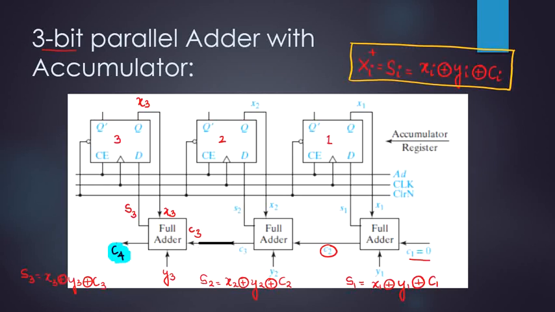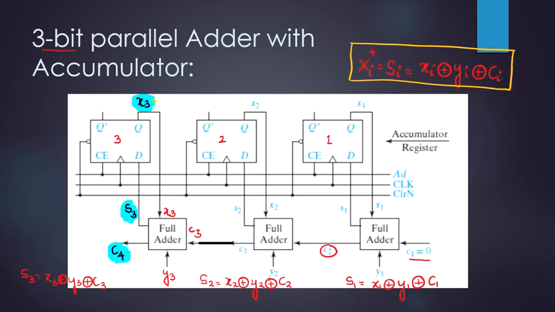Xi plus is nothing but the output of the flip-flop, that is Q. This Q is obtained because of S3. So this particular output X3 plus is equal to S3.